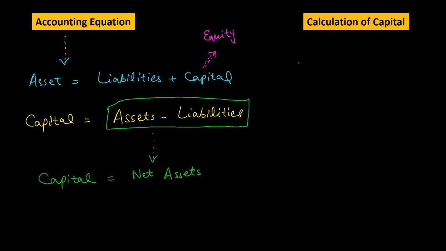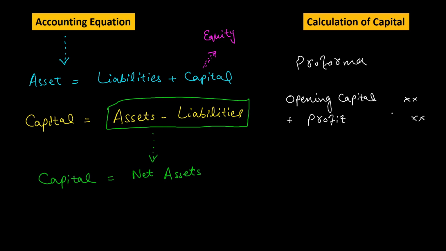Just remember this pro forma. First of all, we have opening capital, then we add the profit for the year to this opening capital, then we deduct drawings from this amount, and in case the owner has injected new capital, then it will be added.